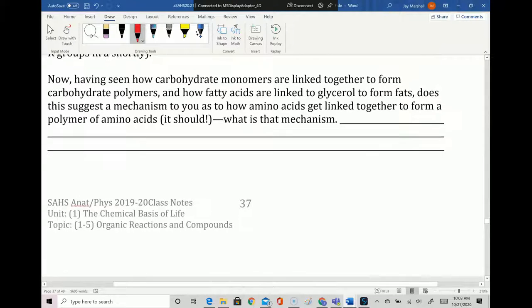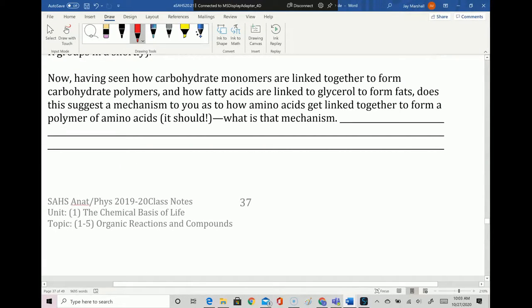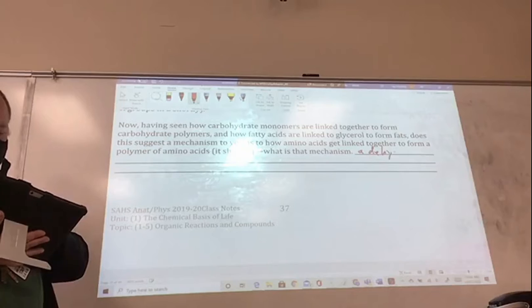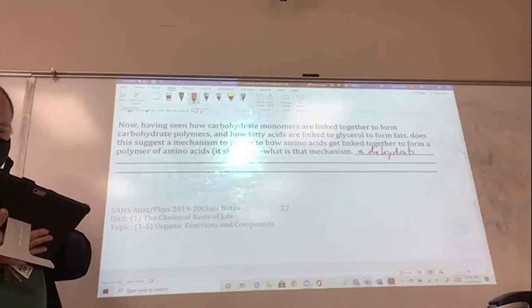Now, having seen how carbohydrate monomers are linked together to form carbohydrate polymers, again through the OH groups, and then how fatty acids are linked together to glycerol to form fats, this suggests a way to us as to how amino acids get linked together to form a polymer of amino acids. And what we're going to remind ourselves is that the mechanism is a dehydration reaction.